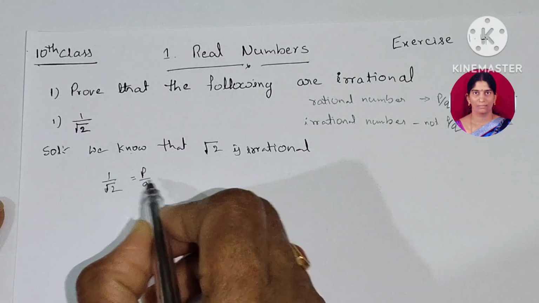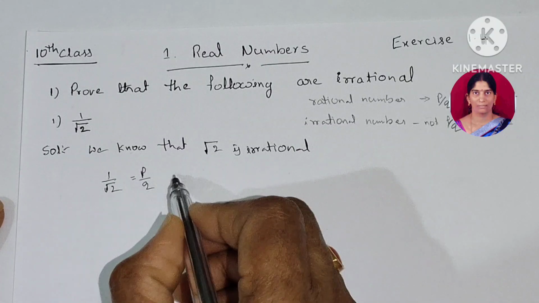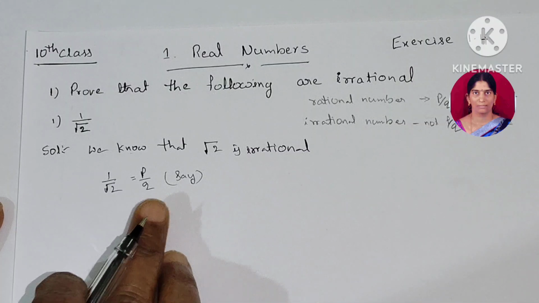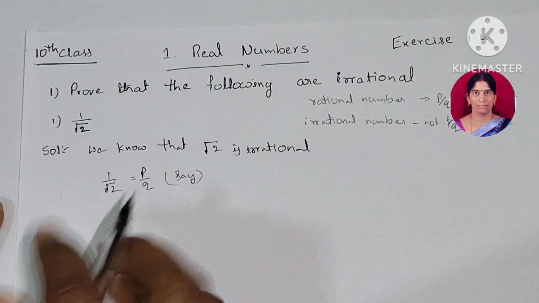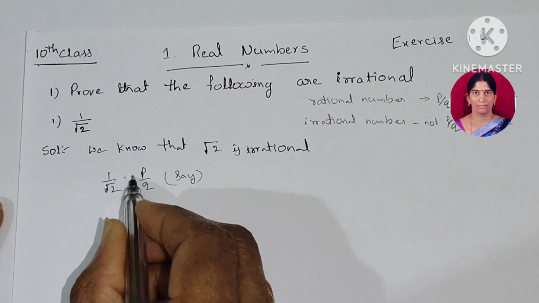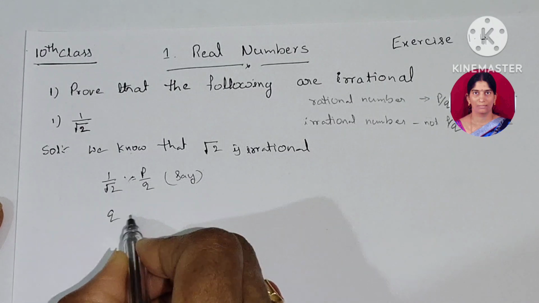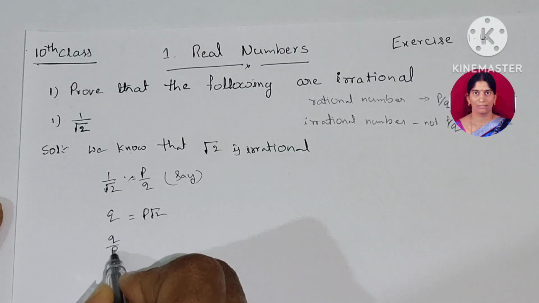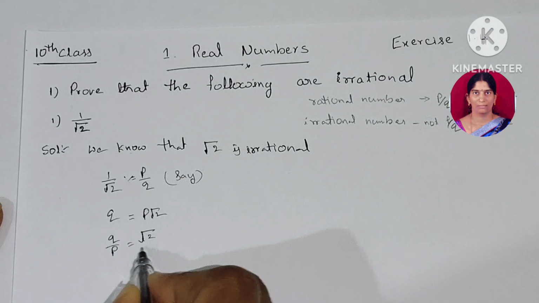Here 1 by root 2 is in fraction form. So 1 by root 2 equal to p by q means, by cross multiplication, q equal to p root 2. So q by p equal to root 2 by 1.